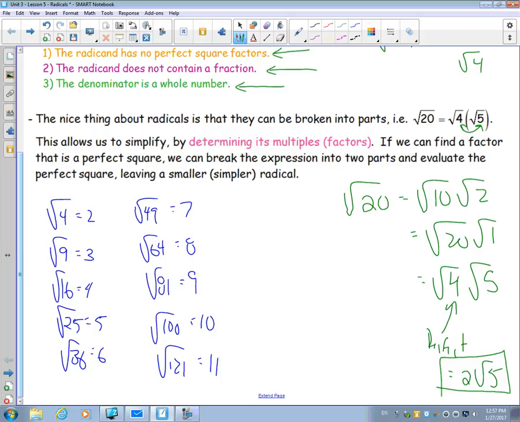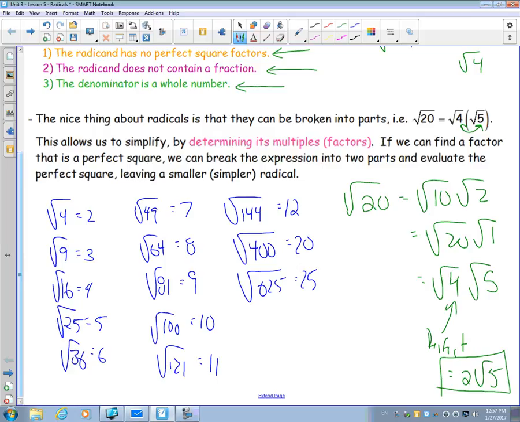Okay. We're not going to deal with ones that are a whole lot bigger probably. You may come across the occasional 12. Maybe you come across something like 400, that's a nice one. Maybe root 625, that's a nice one. Things that are nice numbers are ones we're going to come across. This is an introduction to radicals.